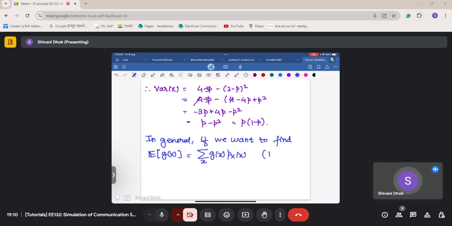This is for a discrete random variable, and expectation of g of x is equal to integral of g of x into its PDF dx for a continuous random variable. Okay, so these are some standard things that we can do. If you have any questions, then let me know. Otherwise, I'll move on to the next question.